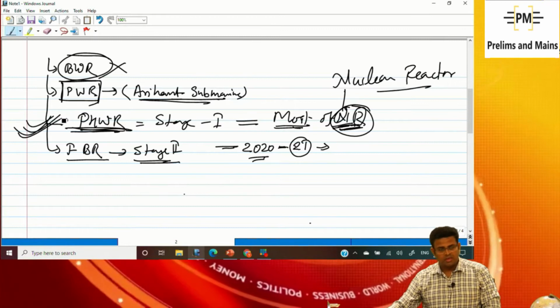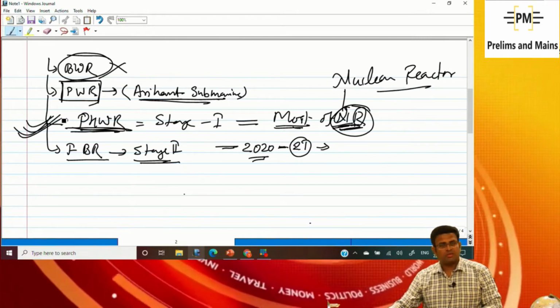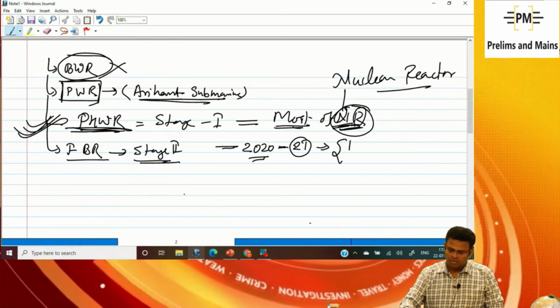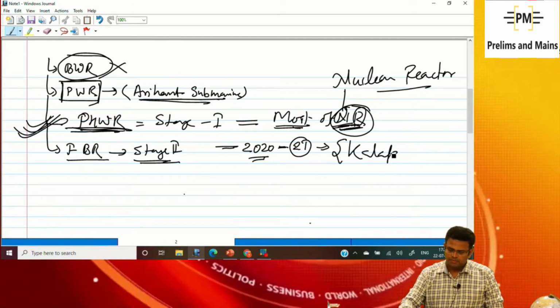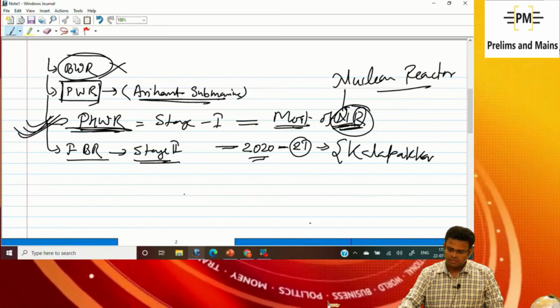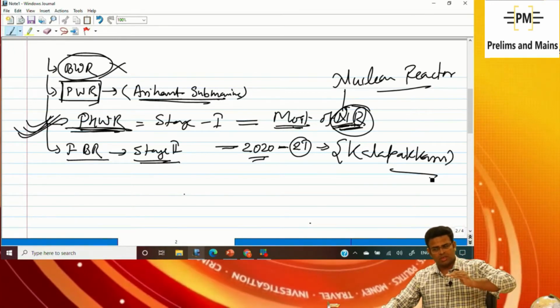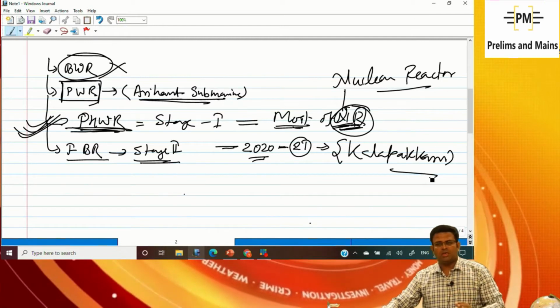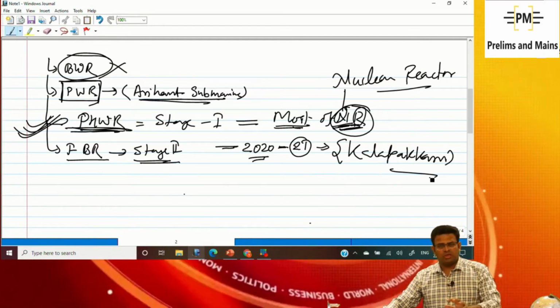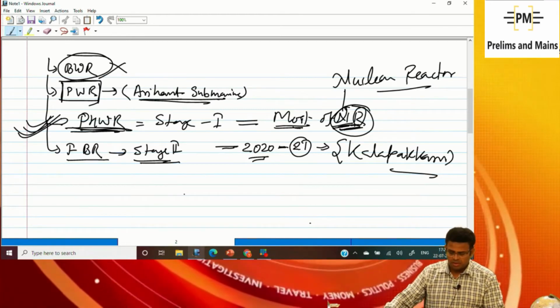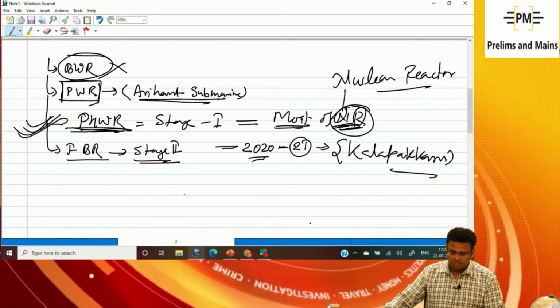And the fast breeder reactor, stage 2, was planned to start in 2020 in Kalpakkam, just south of Chennai. There is a fast breeder reactor there.